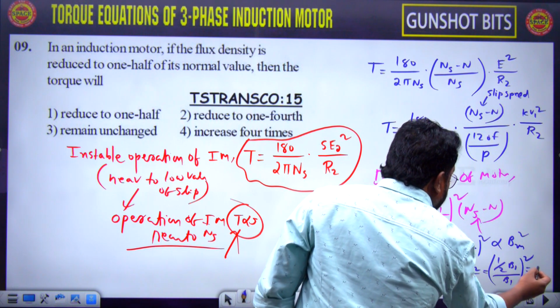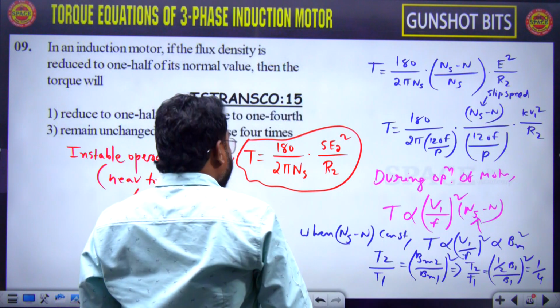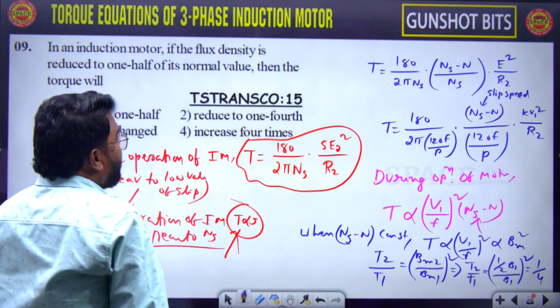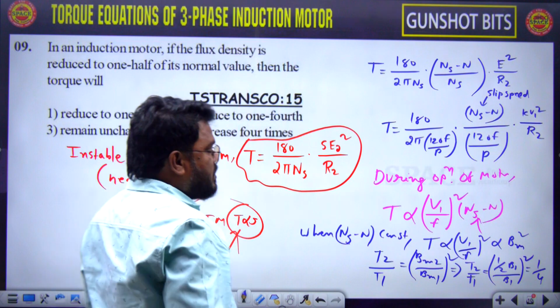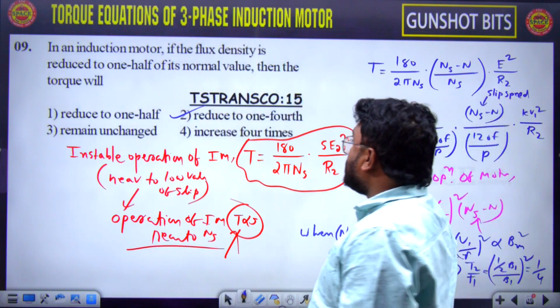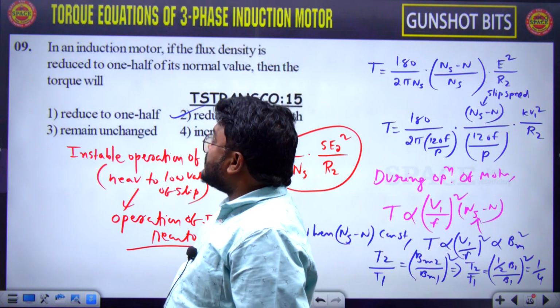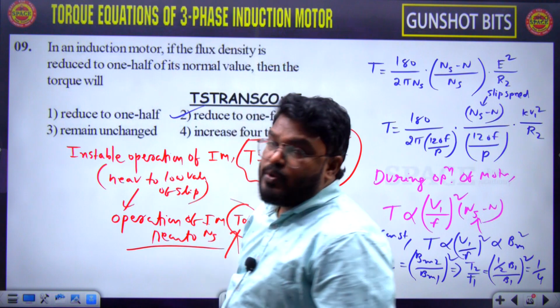So B maximum is cancelled out, so it is 1 by 4. Therefore the torque is reduced to 1 by 4th, which is the right answer for this question. So the answer for this question, option 2, is correct.